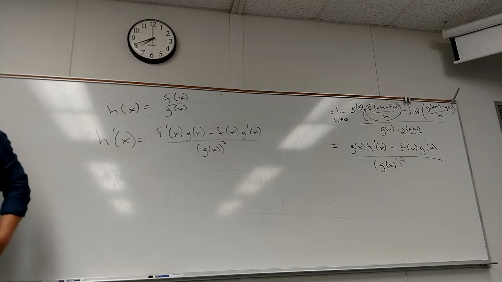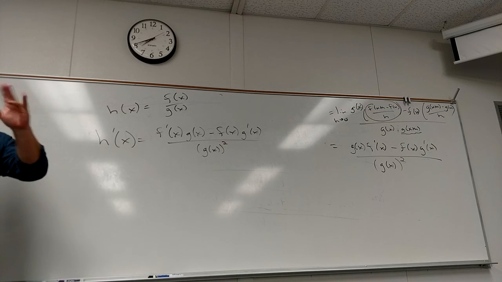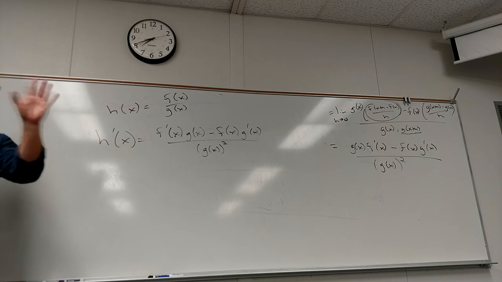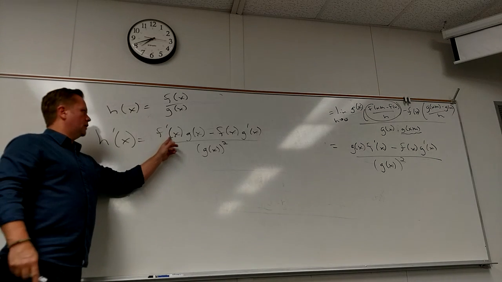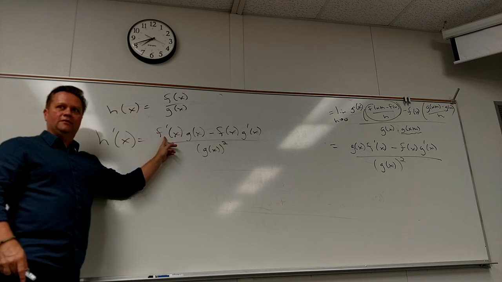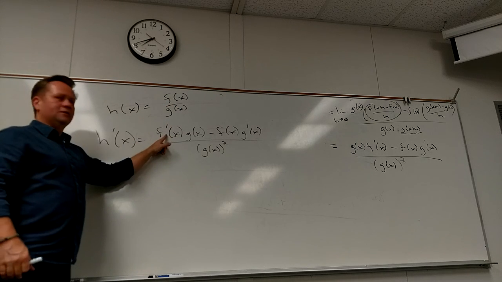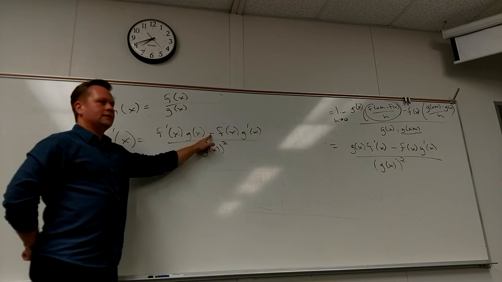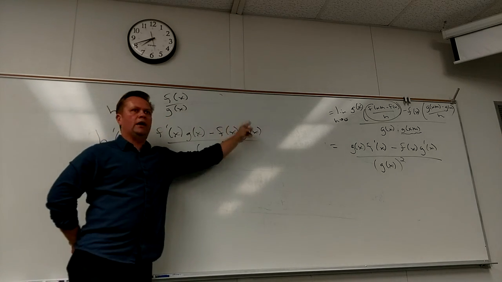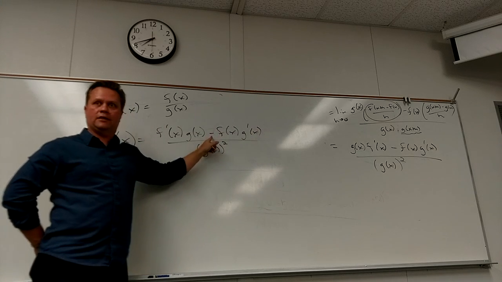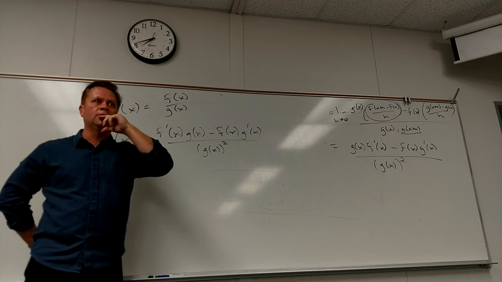I don't dislike music, but the more songs and little gimmicks, it takes you further away from the idea. But if you already know the high D low, low D high song or anything like that, great. Sing that out, have fun. Here's my song for this: top first. That's it, right? Top first. Why has this got a minus? Because g is on the bottom. What's happening in this term? I'm taking the derivative of g, so that negative is going to come down, just like it did in the example we did.